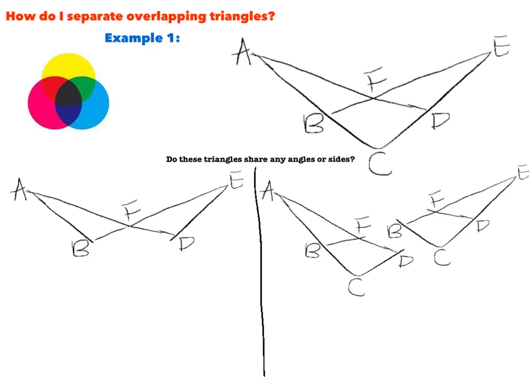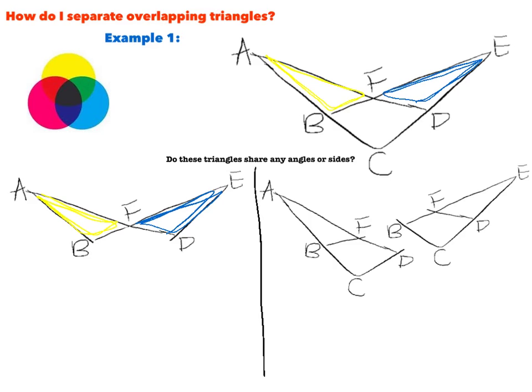So I'm going to grab a yellow marker first. And this really depends on what you've got. And I'm going to highlight triangle ABF in both places. And then I'm going to grab my blue marker, and I'm going to highlight triangle FED. And what I'm looking for is, do the yellow and blue overlap to create green anywhere?